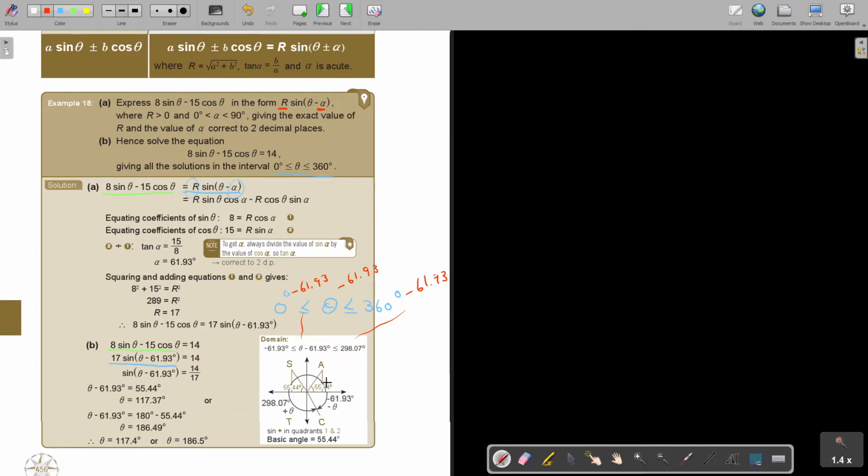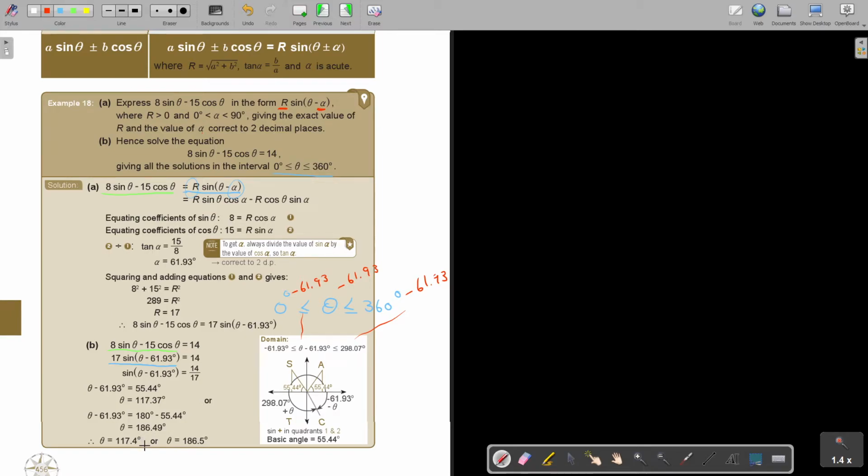And then in this quadrant, it's just the angle, and in this quadrant, it's 180 minus that basic angle. At the end, I add that 61.93. After I subtract, I add, and I get my two values.